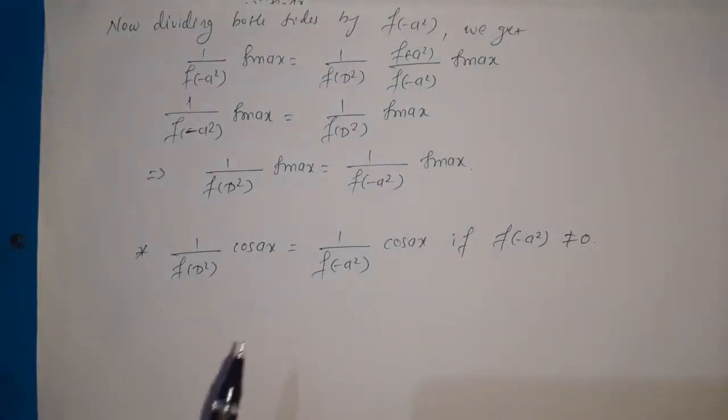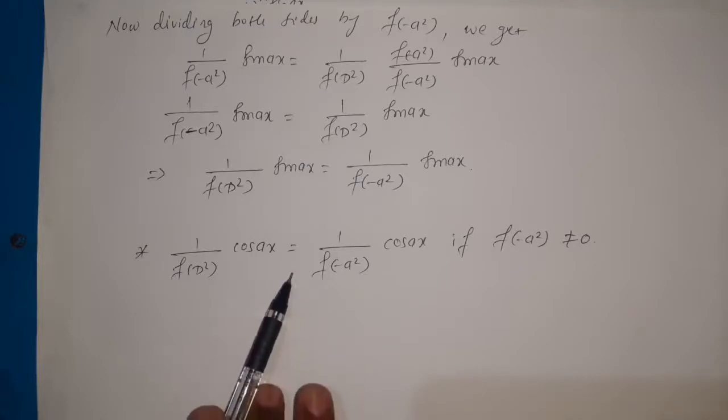This is similar to the sin ax case. Here also you have to differentiate n times, and you will get the same result. Then after differentiation you have to use the inverse operator, then finally dividing by f of minus a square, you will get the required result. So prove this and upload it in the Google Classroom.